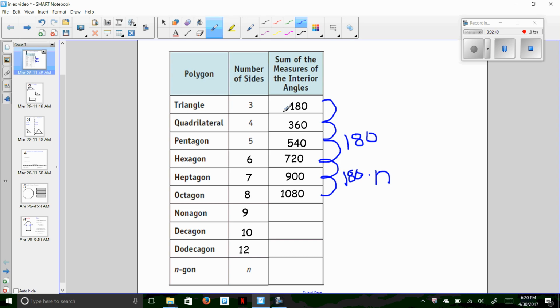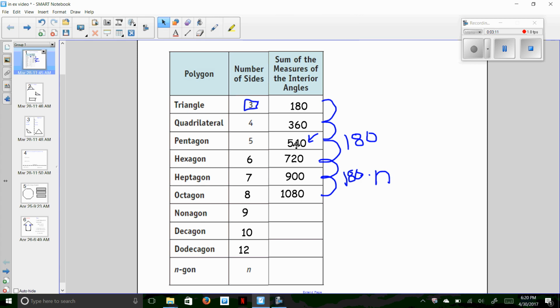If we had a 3-sided object, we know the interior sum's 180, but if we put it in this little formula, 180 times n, it's going to be 540. It's not going to be 180. So this formula right here isn't complete.